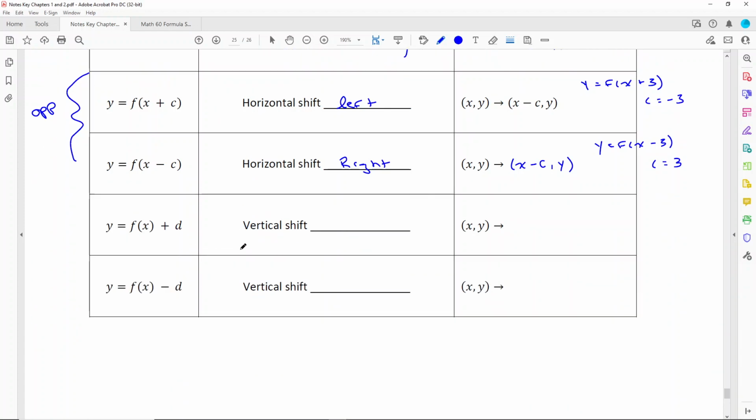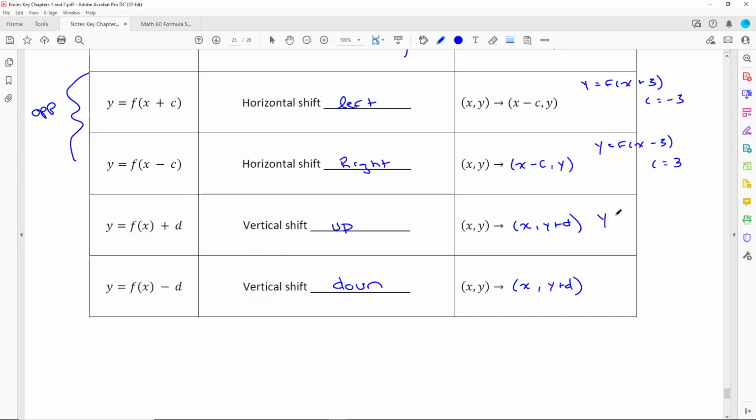Okay, and then D, this is a vertical shift up. To get your point, you'd go X and then Y plus D. And then this is a vertical shift down, and this would still be X, and it would still be Y plus D, but you'd have a negative D value. Again, it's tricky to say this all in one place, right?